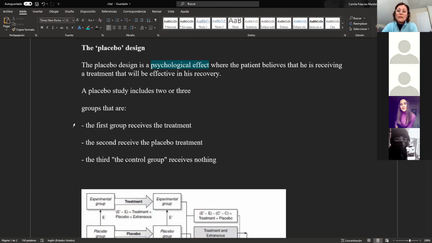Entonces el investigador que sabe qué grupo es qué grupo puede analizar este reporte de sensaciones o de efectos, ¿sí? In that sense. But I think it's more used in medicine just because of this secrecy of the treatment. Whereas in education, there is no secret in the treatment, in the intervention.